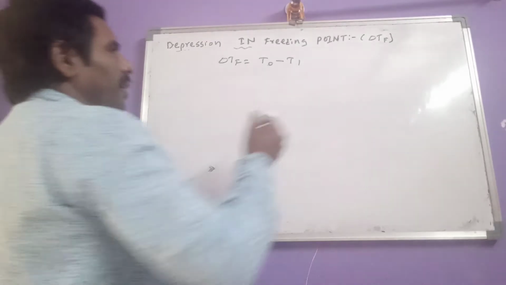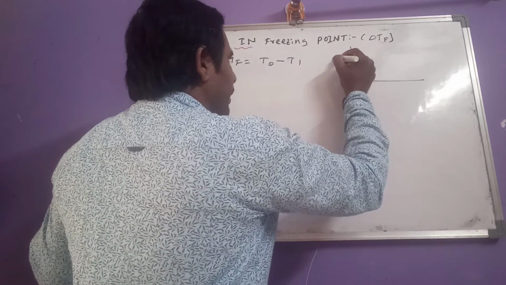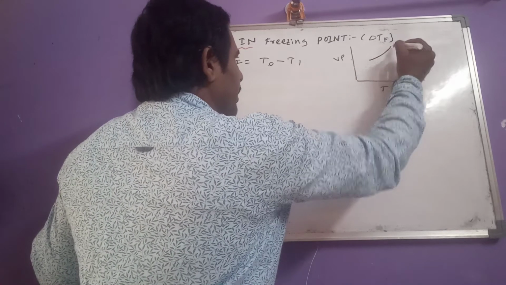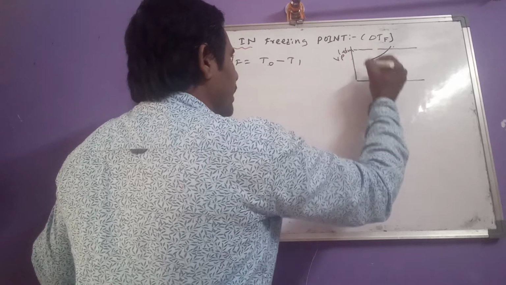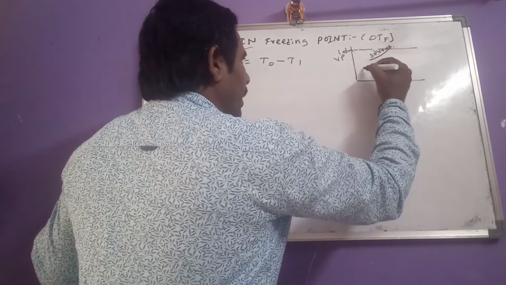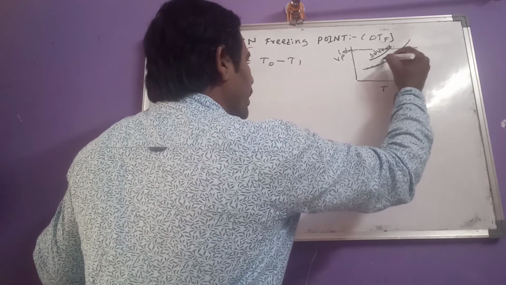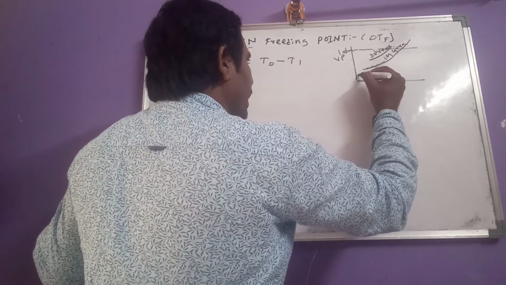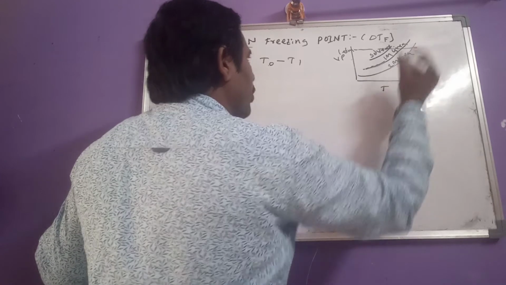And here, if we go for the graph, let it be vapor pressure versus temperature. This is a solvent, of course at 1 atmosphere pressure. This is the pure solvent, and let these be the 1m urea solution and this the 2m urea solution.